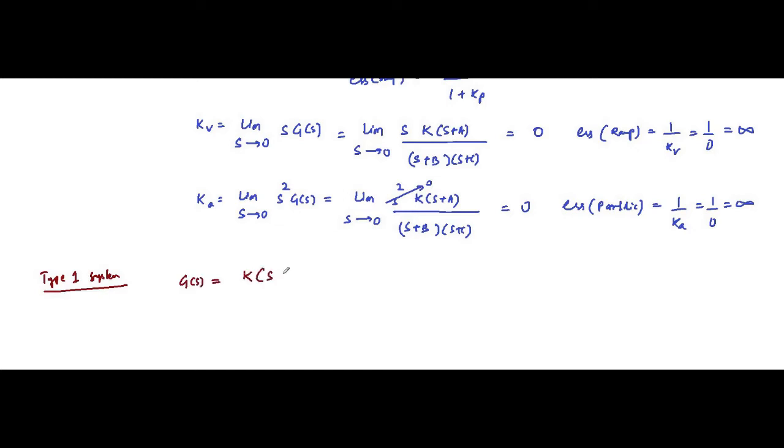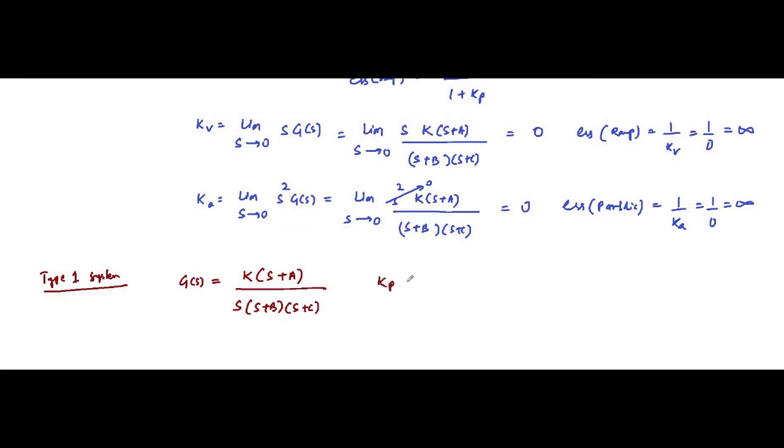So let us consider the open loop transfer function expressed as K into (s plus a) by s, one pole at origin, (s plus b), (s plus c). Okay, so type 1 system means there should be one pole at origin. No matter how many zeros or poles are there, it doesn't matter, but there should be one pole at origin. Okay, so this is the type 1 system we have considered.